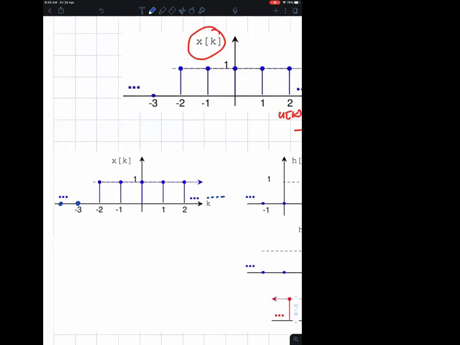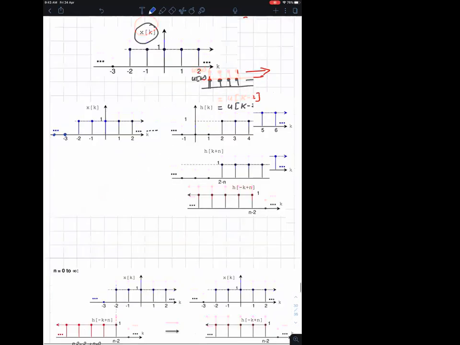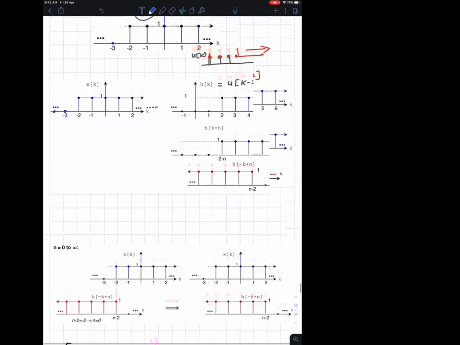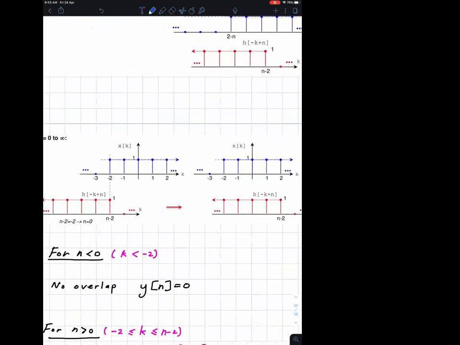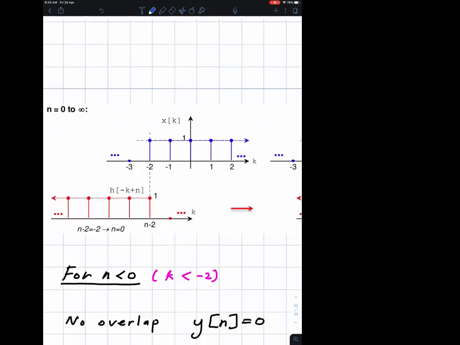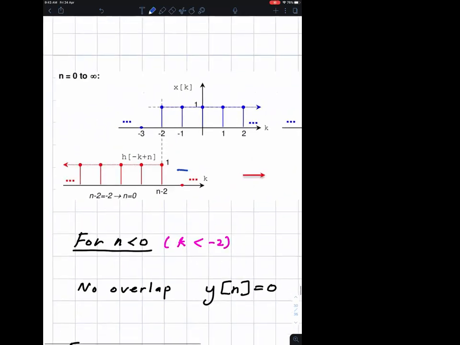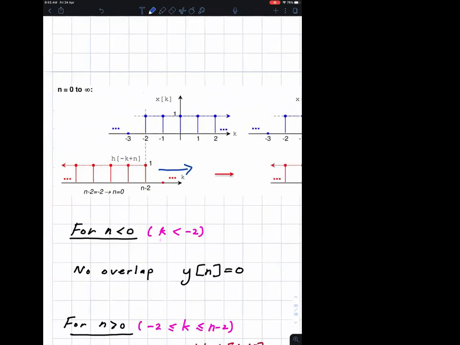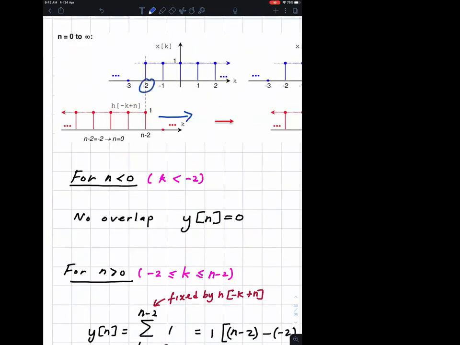Make sure you know that when you're sliding through. So here is xk, redrawn here again. Now you take h minus k plus n and you slide through. So for n less than 0, which means k is less than minus 2.